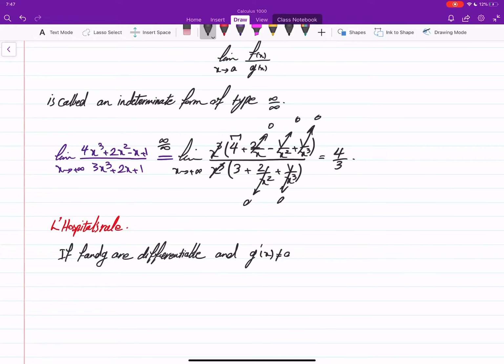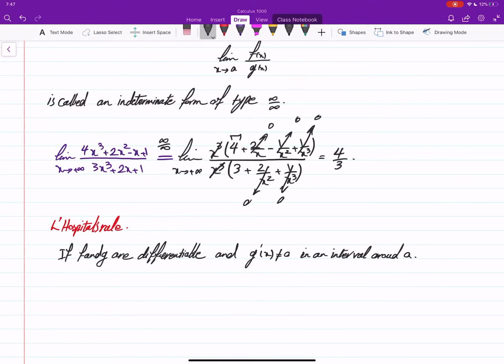It means that f prime is non-zero in an interval around a.